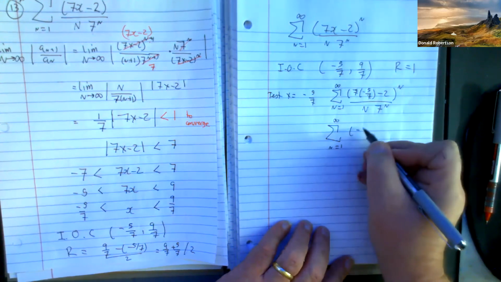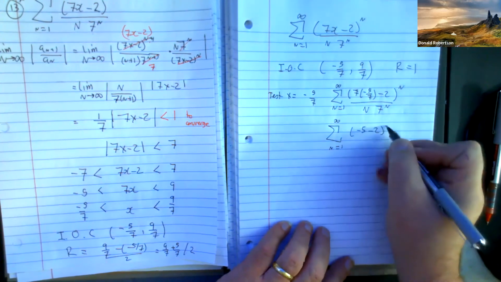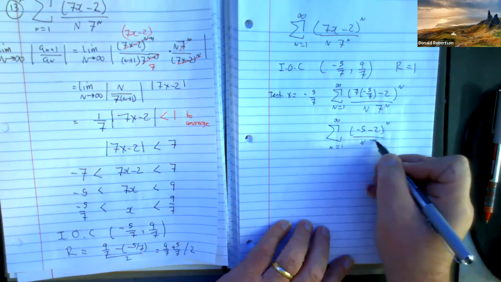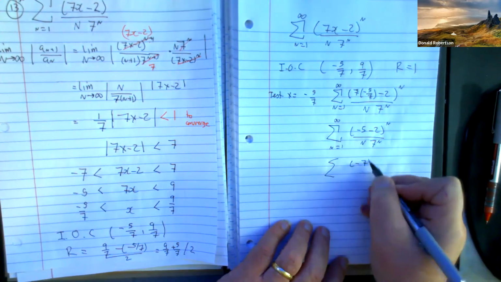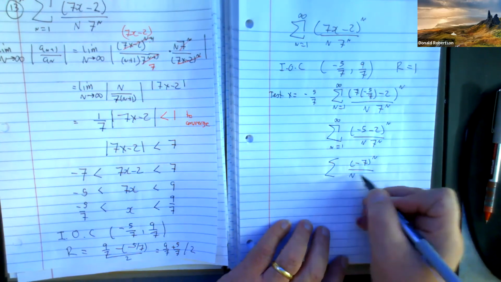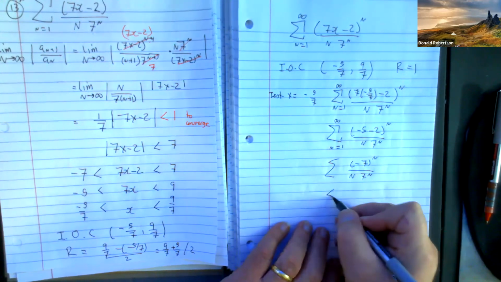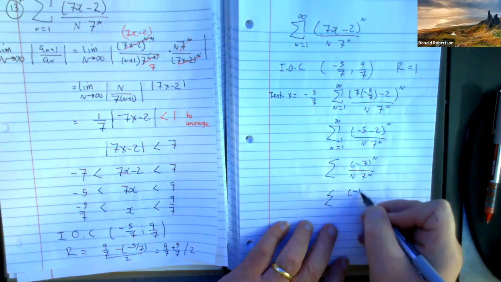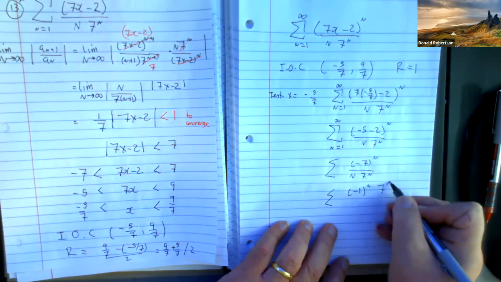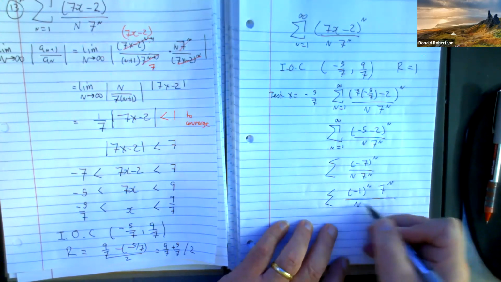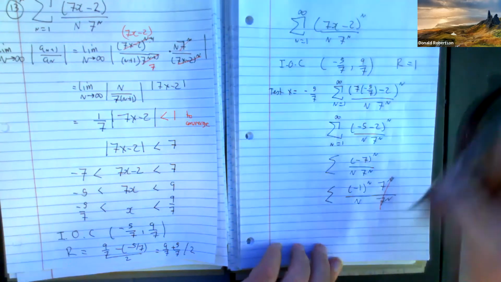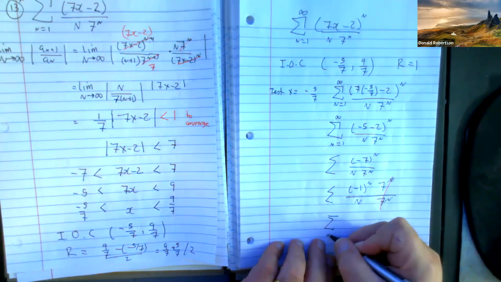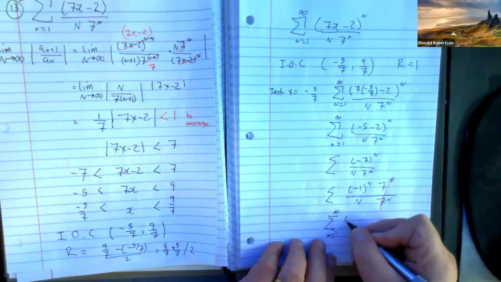Those two guys give you -5 take away 2 to the n. And those two guys get you -7 to the n over n 7 to the n. And we split those guys up into 2 pieces, as pretty much standard. And then, bingo, we are looking at this series.